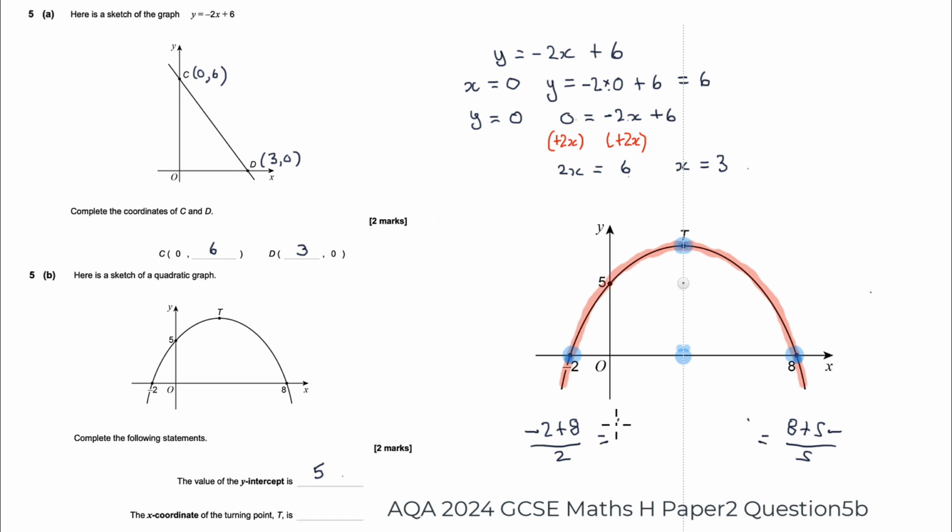That gives me 6/2, which is 3. And there's the mirror image of my answer. So the x-coordinate of the turning point, that's 3 in there. It'll be 3. So we have a 3 there.